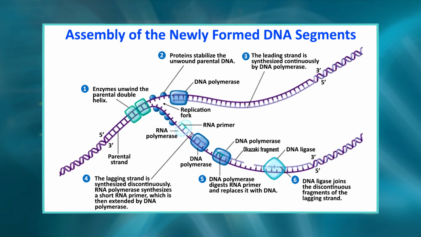Dear students, let's now discuss termination. After the synthesis and extension of both the continuous and discontinuous strands, an enzyme known as exonuclease removes all RNA primers from the original strands. The primers are replaced with the right nucleotide bases while removing the primers.